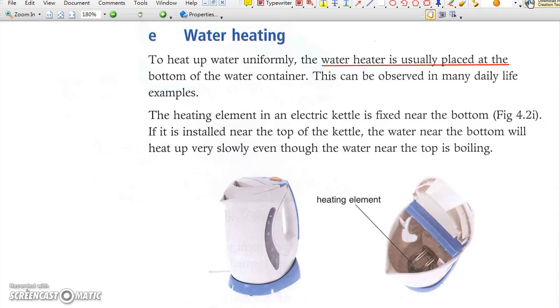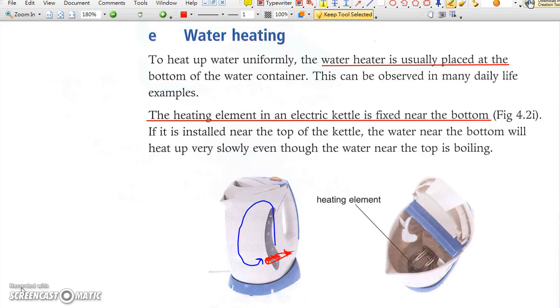Immersion heaters are found not only in the physics laboratory, but also in water heaters such as electric kettles, shower heaters, and even fish tanks. Immersion heaters are often placed near the bottom, as it may then create a convection current that can help heat transfer within the water body.